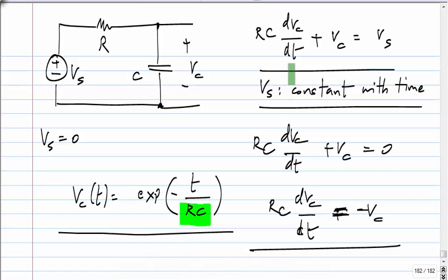Now, if you arrange the first order differential equation in the classic way, variables on the left hand side and the fixed inputs on the right hand side, and you scale it so that the coefficient of the term which doesn't have the derivative is 1, then this multiplier will be the time constant. Okay.